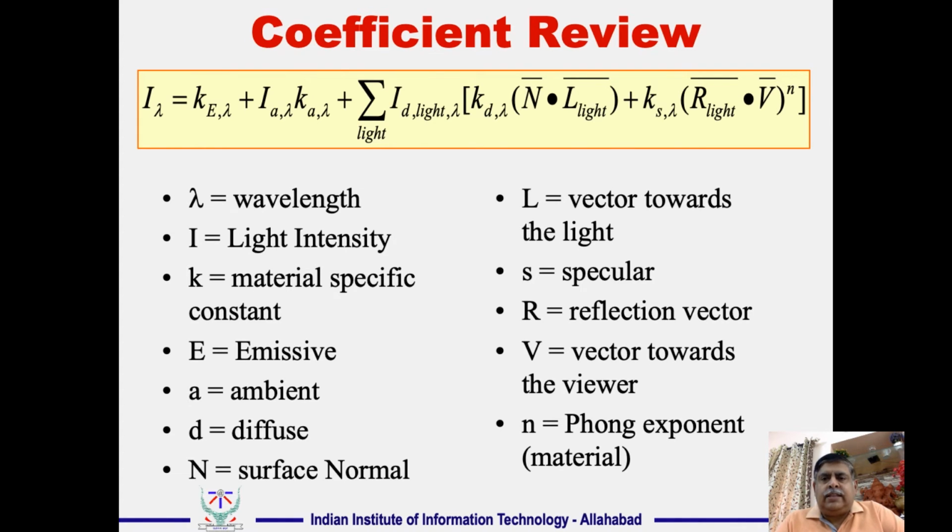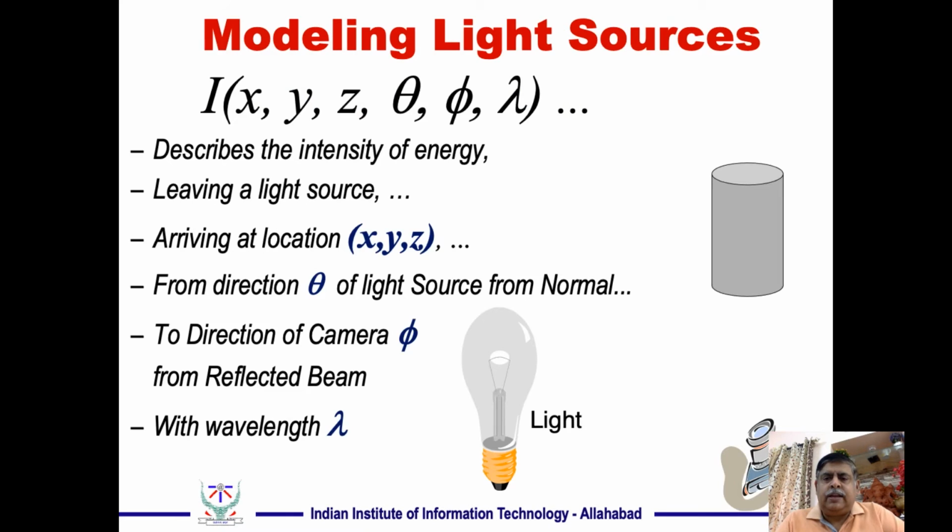So let us see this in a figure again. We have already seen the diagram, the way the illumination has taken place, but let us revisit the diagram here. I have an object which is a cylinder, and there is a light source shown by the bulb.